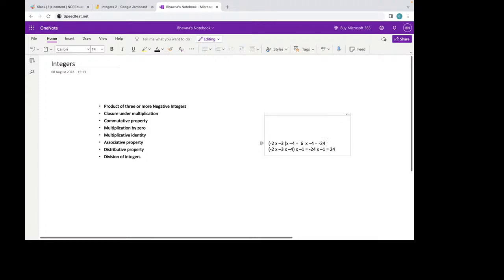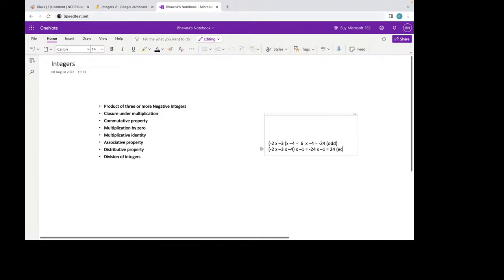I multiplied 3 integers, and 3 is an odd number. Then I multiplied 4 negative numbers, and 4 is an even number.